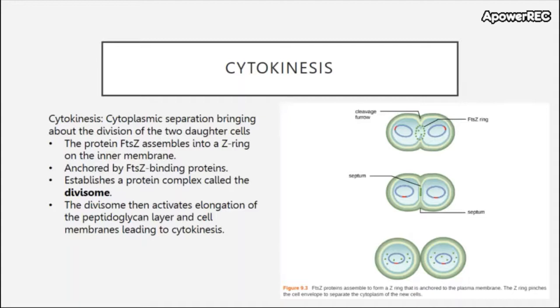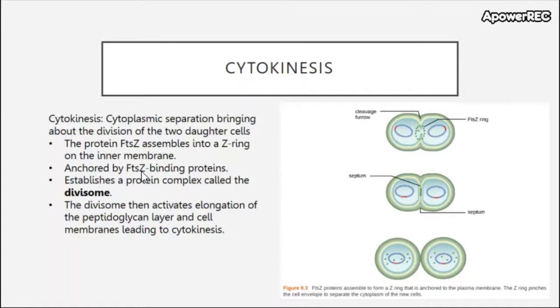This involves a whole complex of different types of proteins, but probably the most important here is the FtsZ protein, which is very important in creating what is known as the Z ring on the inner membrane. So the Z ring is essentially a ring of proteins that are assimilating the cell wall.